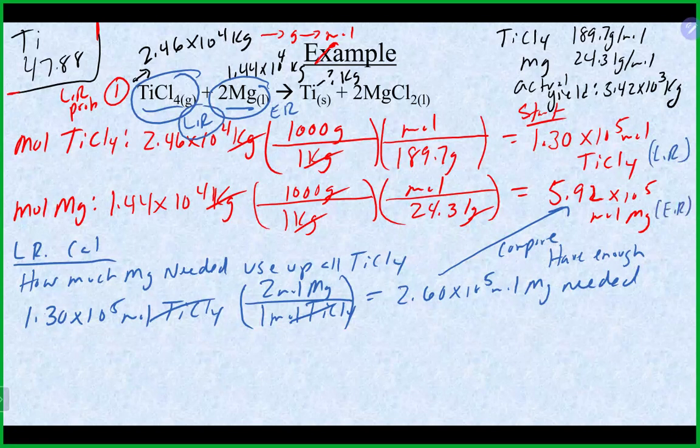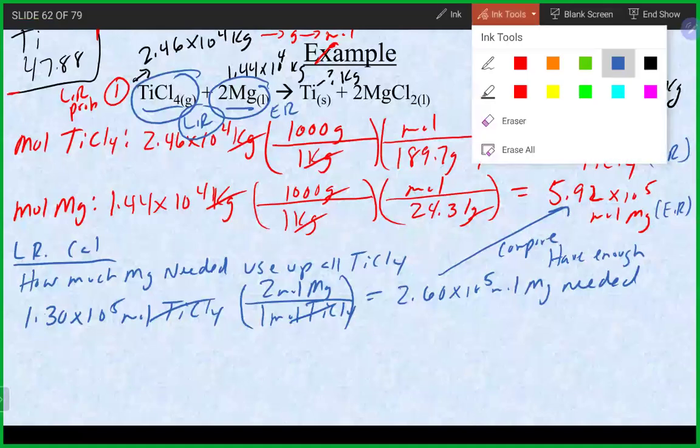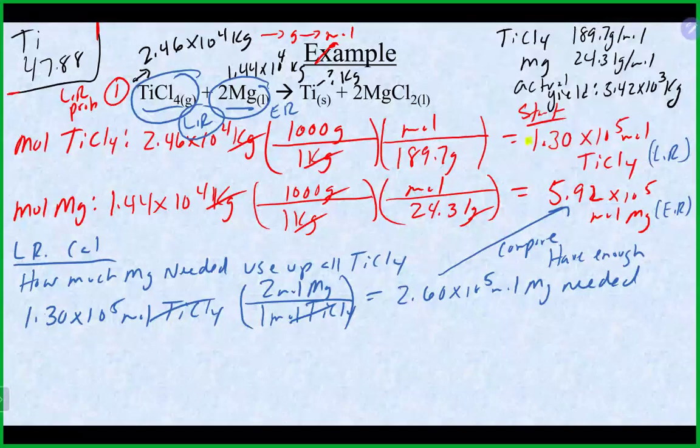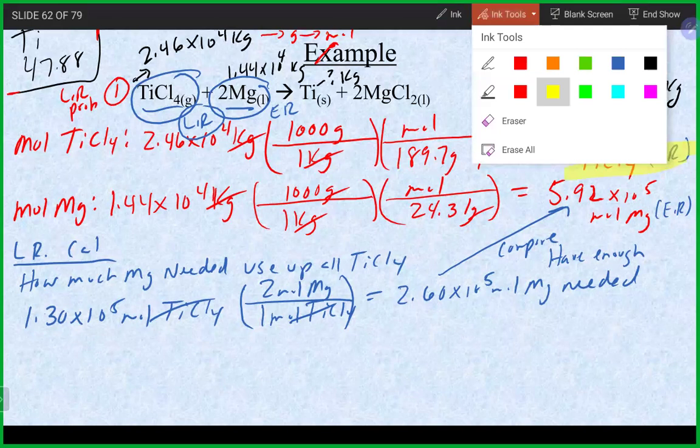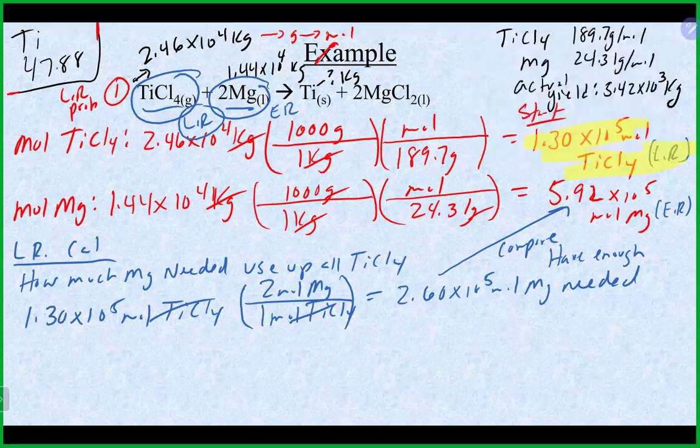Now that I've determined my limiting reagent, at this point I want to come back here to my starting amounts of the limiting reagent. And I really want to pick up with the third part of the calculation, which is now I'm going to go from my limiting reagent to my product, which I'm interested in.